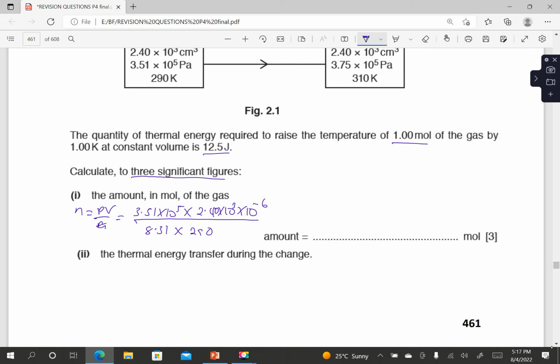Pressing my calculator, this is giving me 0.349 to 3 significant figures.